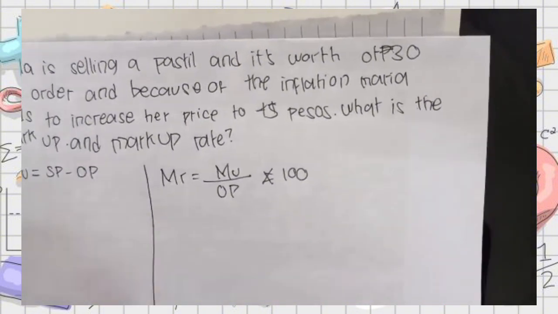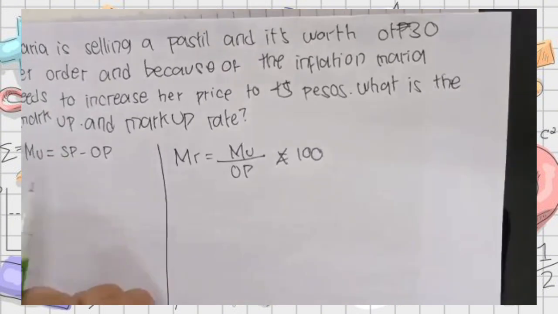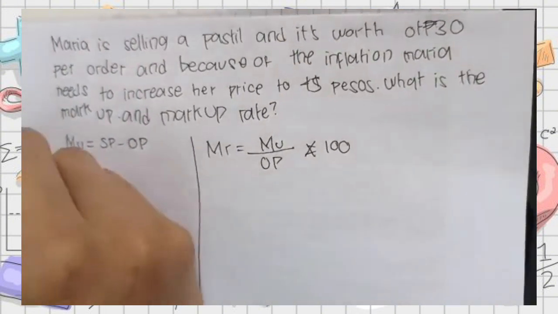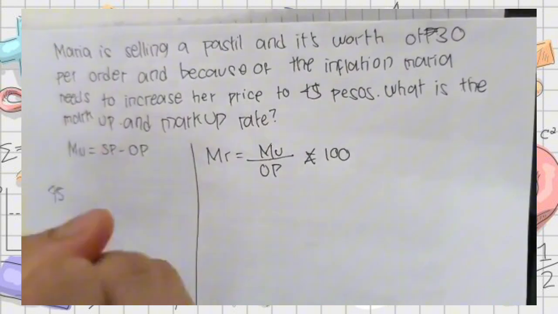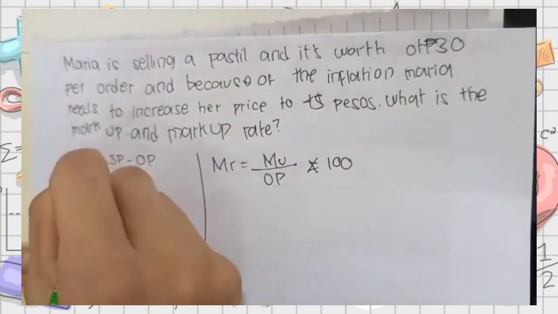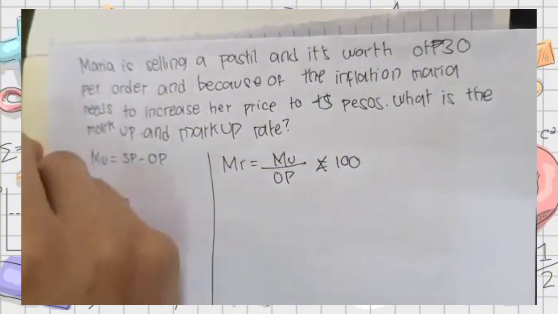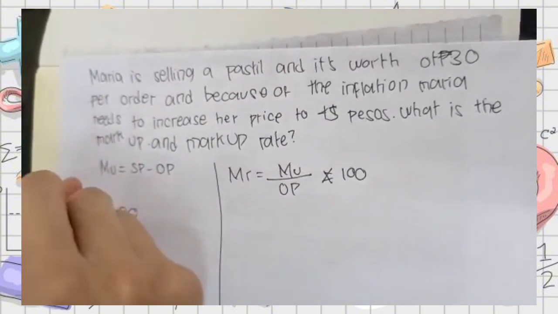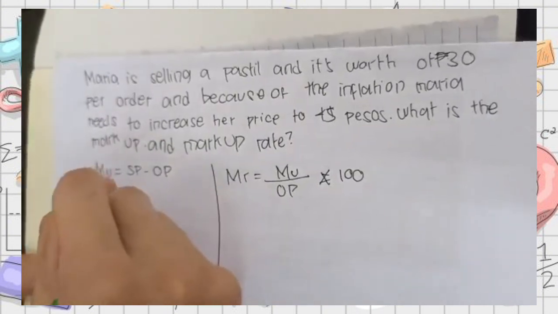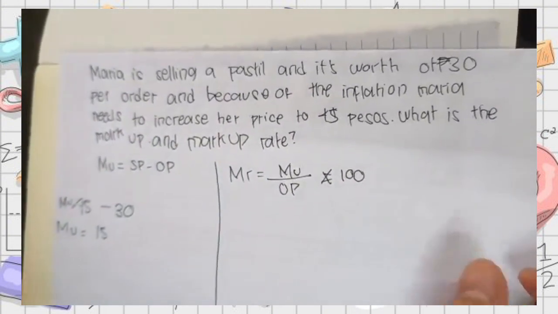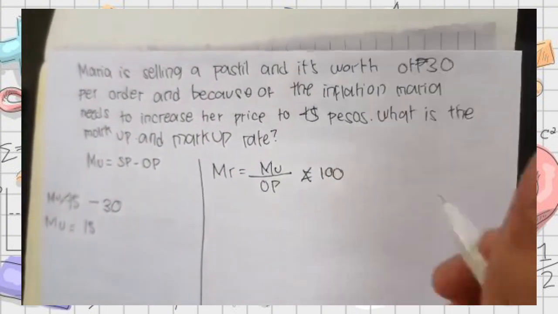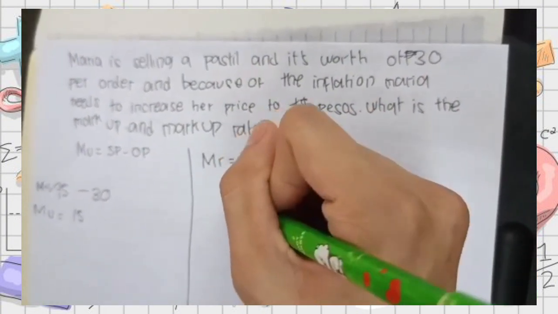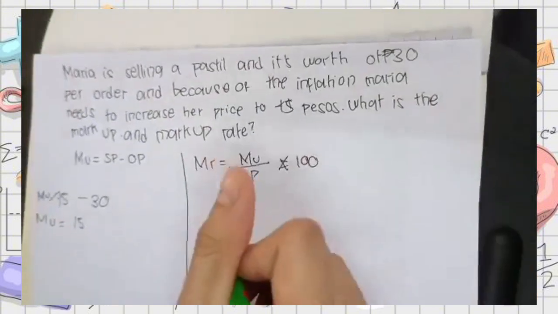So, yung gagamitin natin sa formula for markup is selling price minus the original price, katulad ng kanina lang din. So, to compute that, 45 minus 30 is equal to 15 pesos. Yan, yung markup natin, 15. To compute naman yung markup rate, markup divided by the original price times 100 naman.